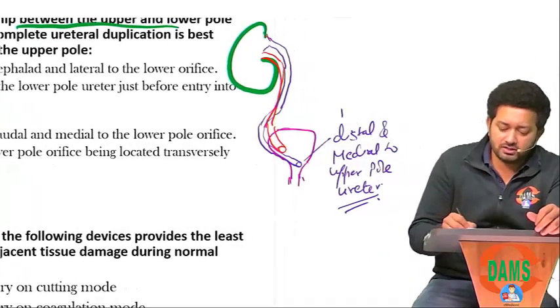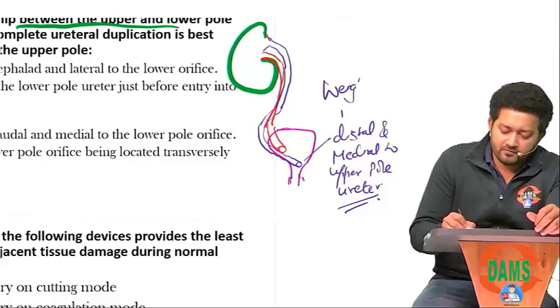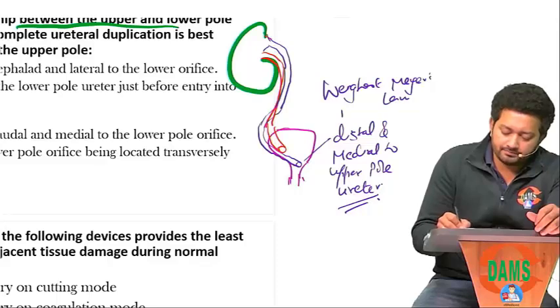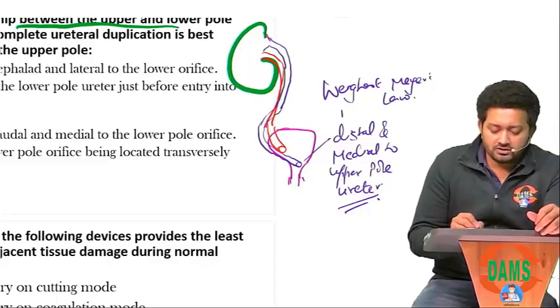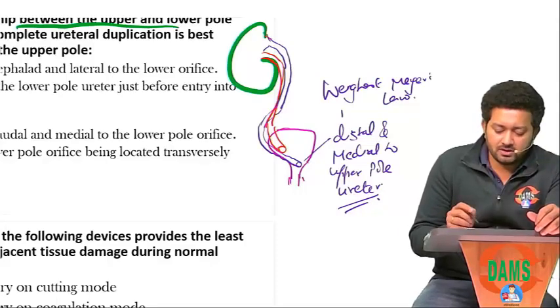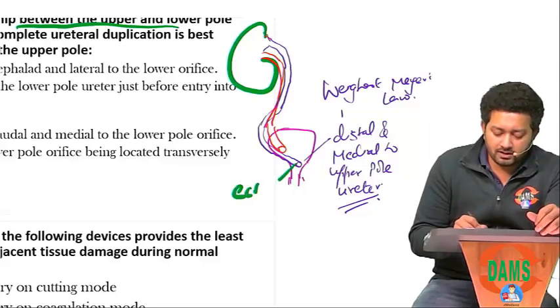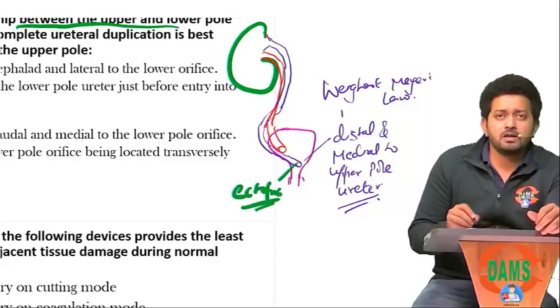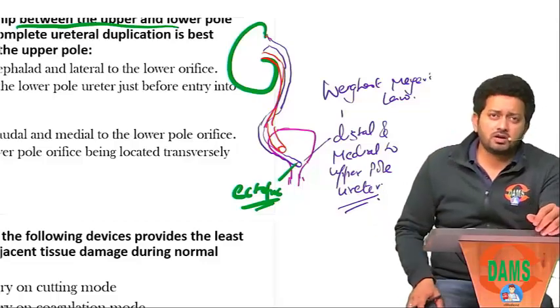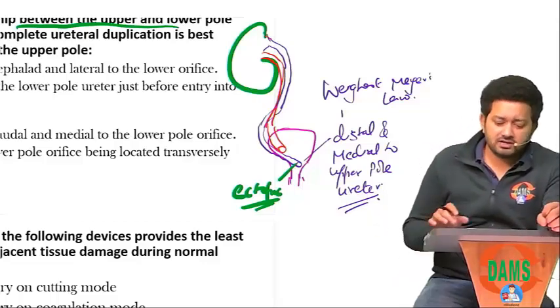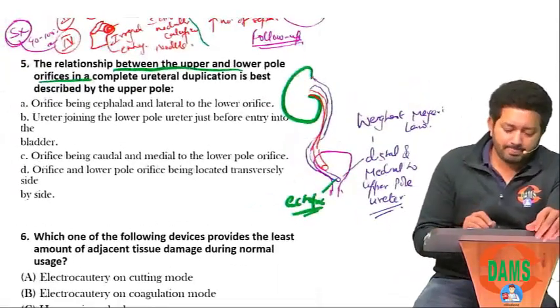This is also known as Weigert-Meyer law. And this upper pole ureter, most of the time, can become ectopic and can open distally in the urethra also. So that's why they are asking.